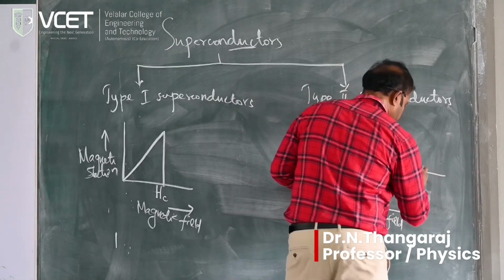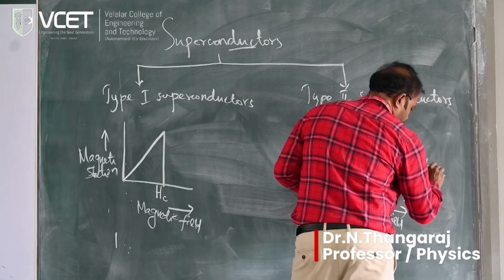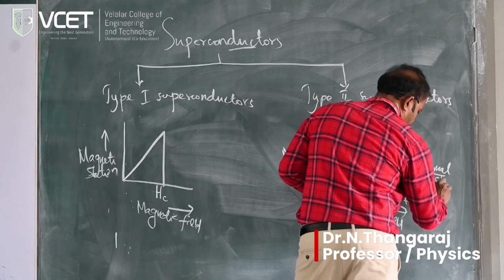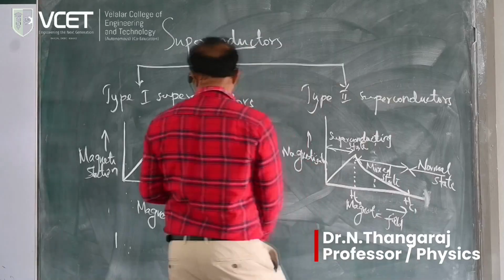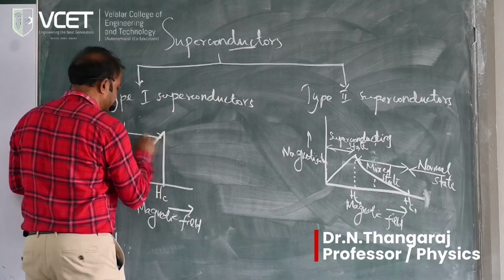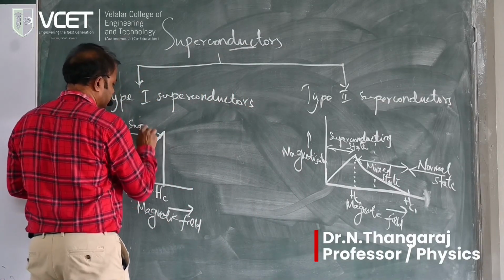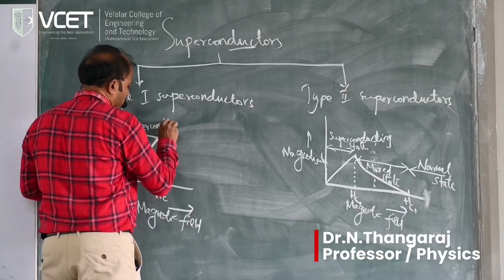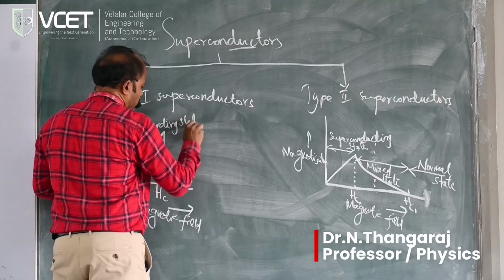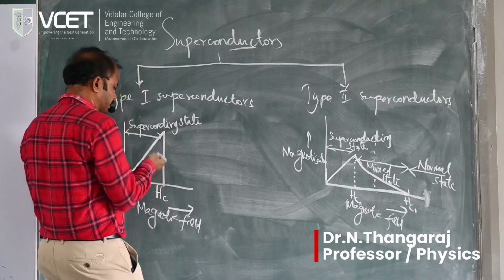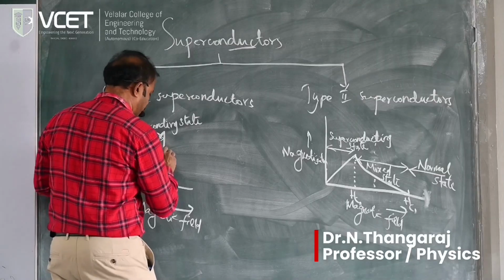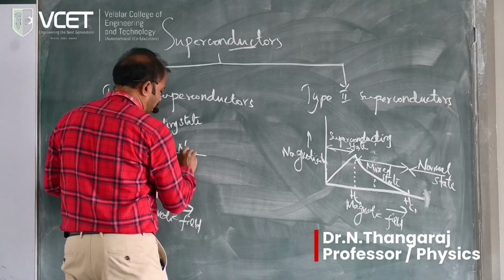After that is the normal state. Here, up to this is the superconducting state. Then the superconductor loses its super property and comes to the normal state.